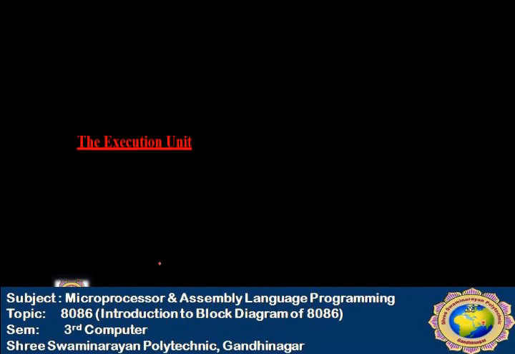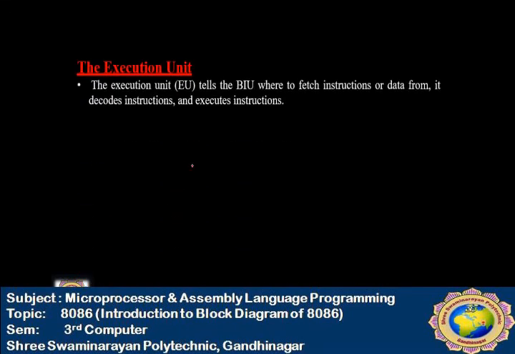Now we discuss the execution unit. The execution unit tells the BIU where to fetch instructions or data from. Remember this: the work of the execution unit is to tell the BIU. It decodes the instruction and executes it.